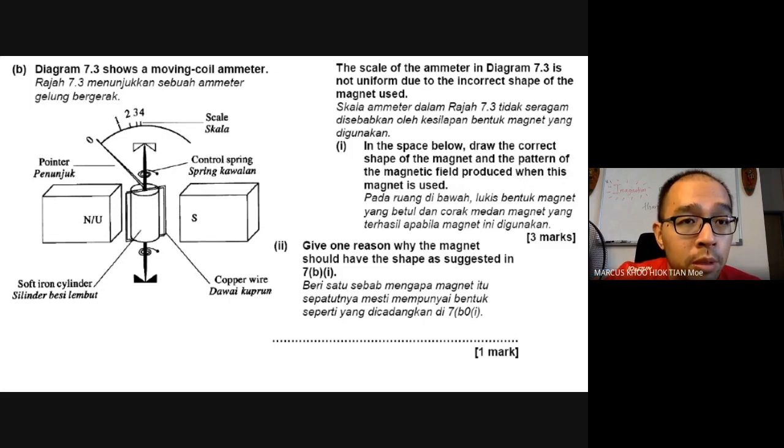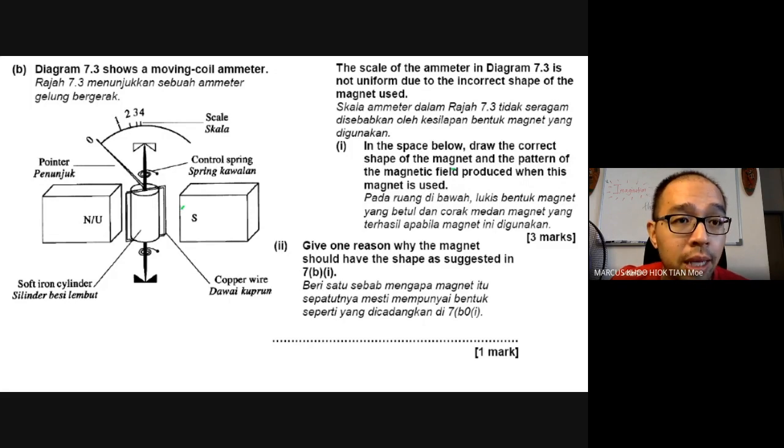But the problem with this ammeter is that the magnet shape is not the same shape as this one. So we find that the scale of the ammeter is not uniform because the shape of the magnet is incorrect. So how would you change the shape of the magnet and the pattern of the magnetic field so that this will become a more uniform scale?